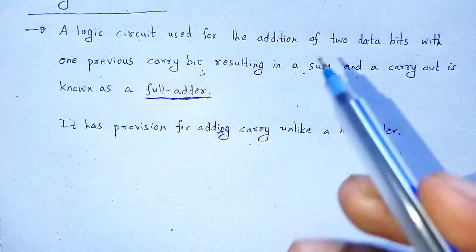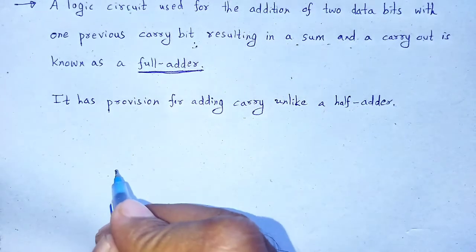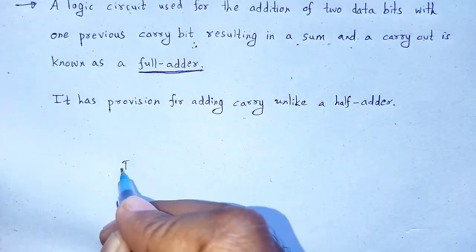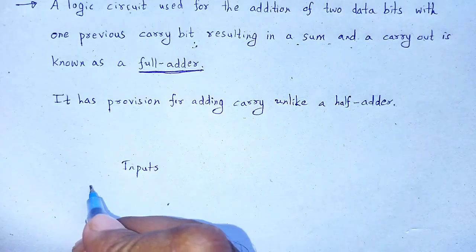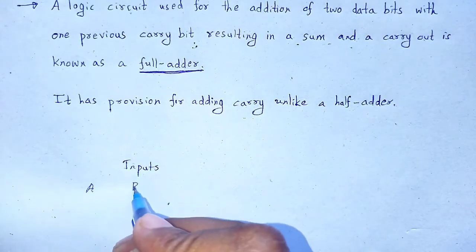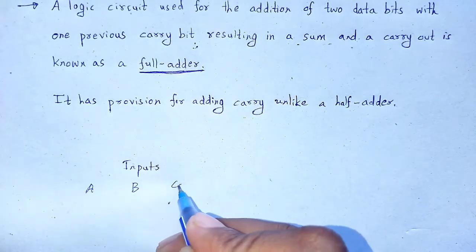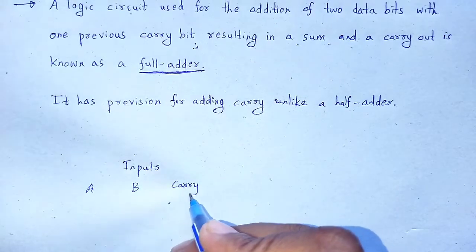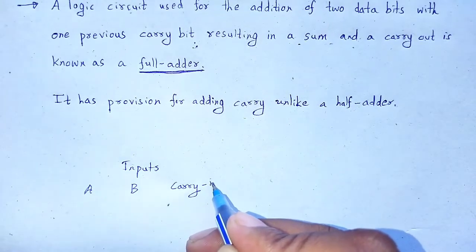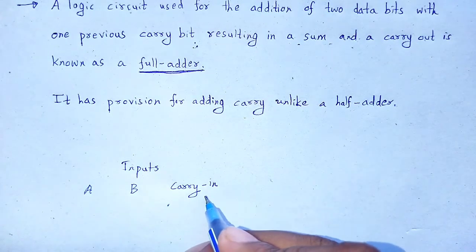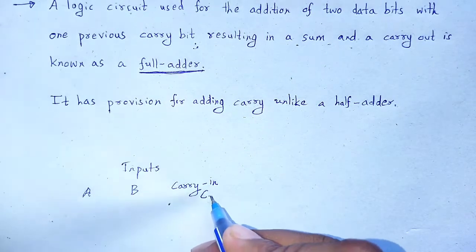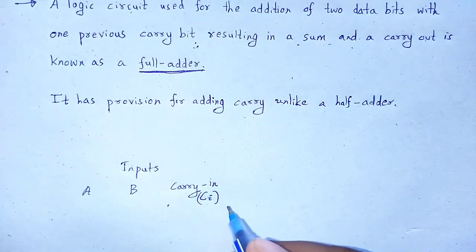So in the truth table, in inputs we have 3 inputs: A, B and a carry in. It is represented by Ci, carry in.